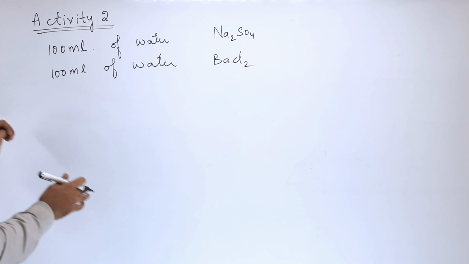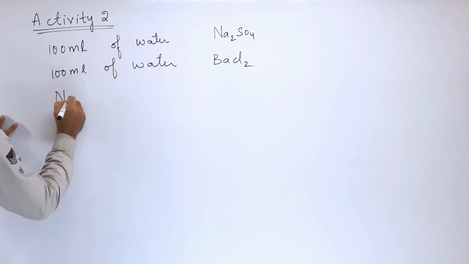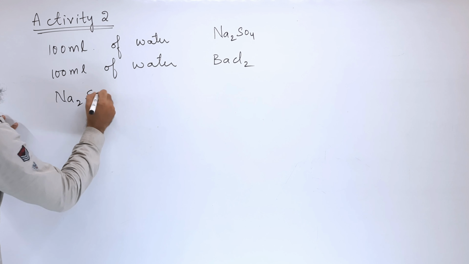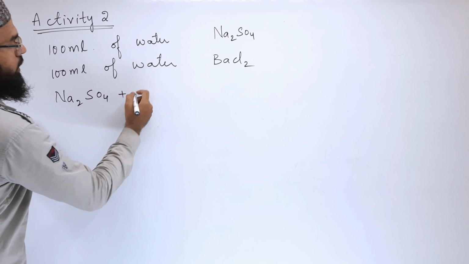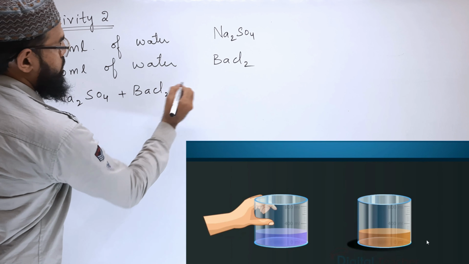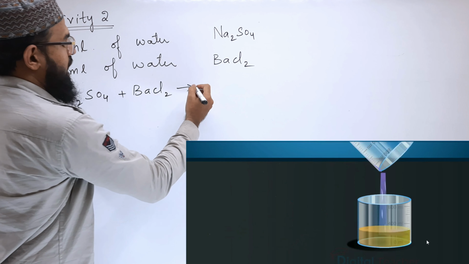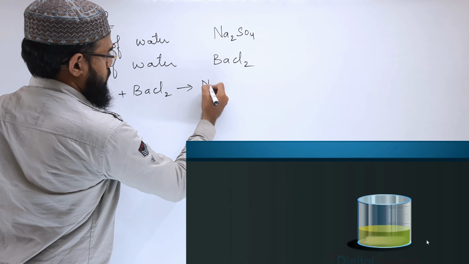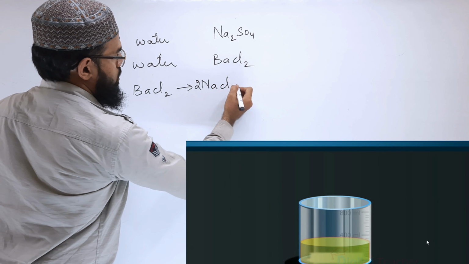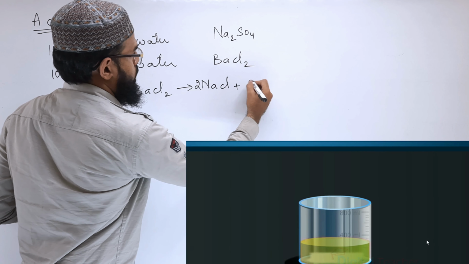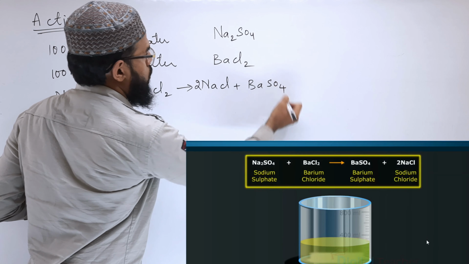And the reaction will be: sodium sulfate reacts with barium chloride and we get 2NaCl plus BaSO4.